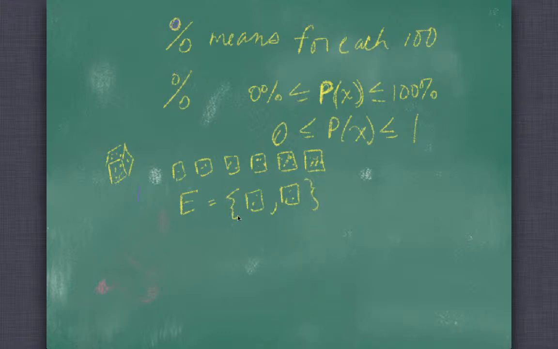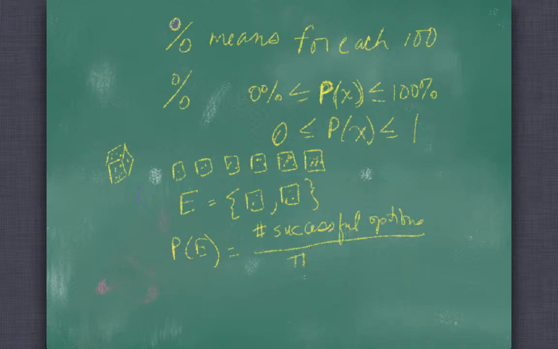But the probability of getting either a 2 or a 3 is the number of ways to get an E divided by the total number of outcomes. So 1, 2 over 1, 2, 3, 4, 5, 6, if you're rolling a 6-sided die. And then you simplify that to 1/3.